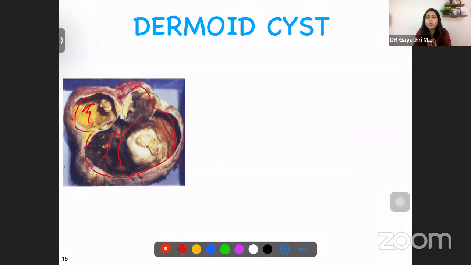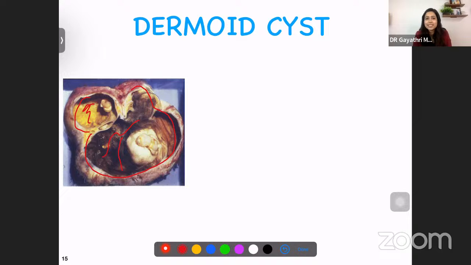In dermoid cysts, there are components from the ectoderm, mesoderm, and endoderm. That is why you can see components like teeth, hair, sebum. So when you see such a varied appearance in a cyst, think about dermoid cyst.